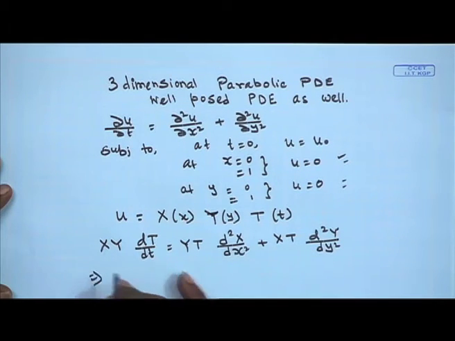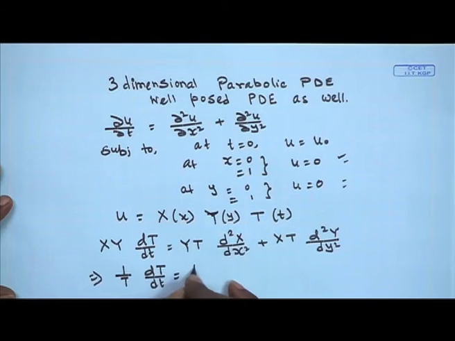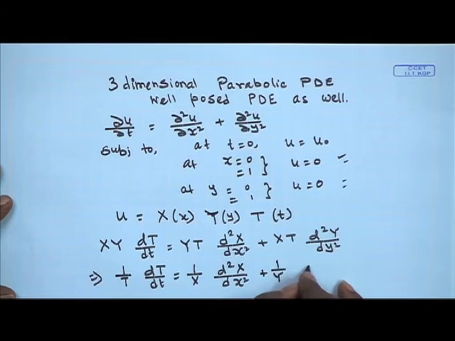Then we divide both sides by X Y T, and we will be getting 1 over T dT dt is equal to 1 over X d square X dx square plus 1 over Y d square Y dy square.